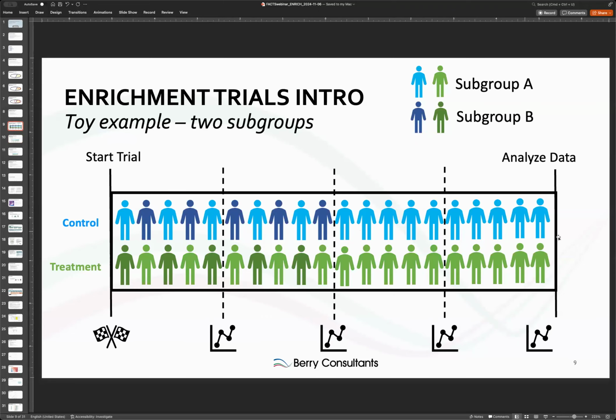Okay, so when we get to the end of the trial, we want to analyze our data. There are a few different approaches that people take to analyzing data in enrichment trials. You can imagine it would be really natural when you get to the end of this trial to say, well, we identified subgroup A as a responding subgroup. I want to analyze subgroup A. I think that's the subgroup where my therapy works, and that's what I want my primary analysis to be.